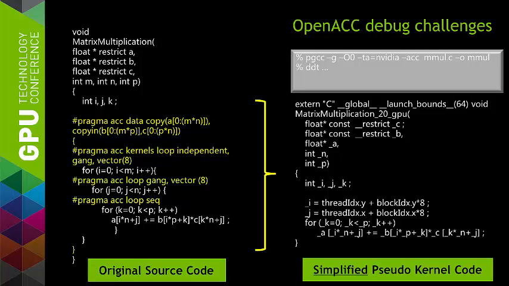And here's OpenACC. It roughly generates a kernel that looks something like what's on the right-hand side there. It has arguments corresponding to the arrays referred to in the loop, and then it computes indices from the thread IDX and block IDX and generates code that looks like that.